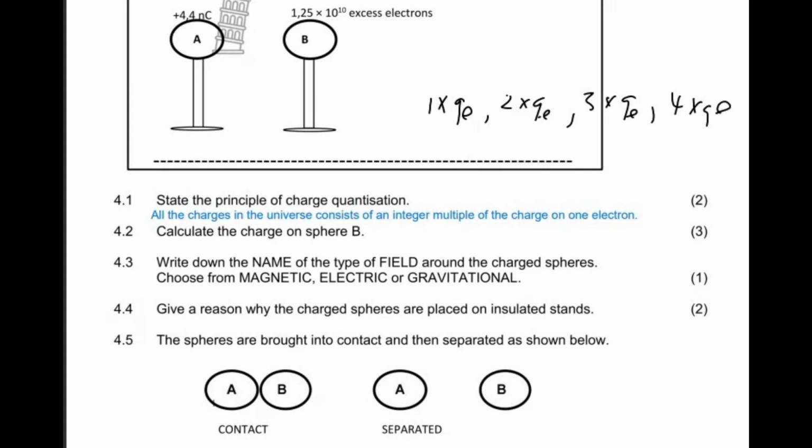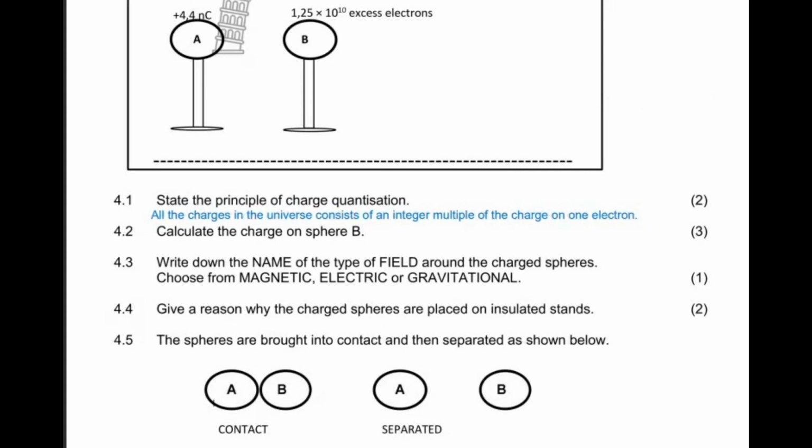You're starting to understand where I'm going with this, right? So all the charges consist of an integer multiple of the charge on one electron. And that is, in a nutshell, the principle of charge quantization.